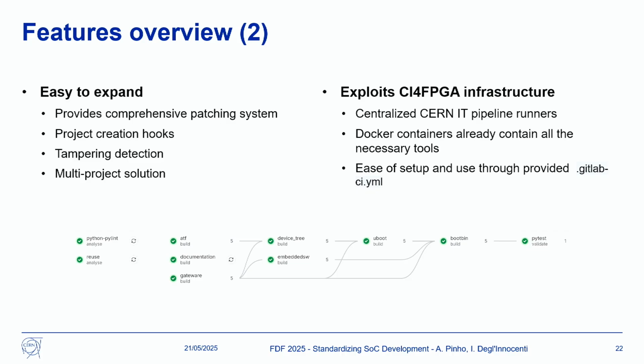I come from a space segment background, and we have quite long or quite slow uplinks to the satellite. So we also try to avoid bootloader updates in space whenever it's possible.